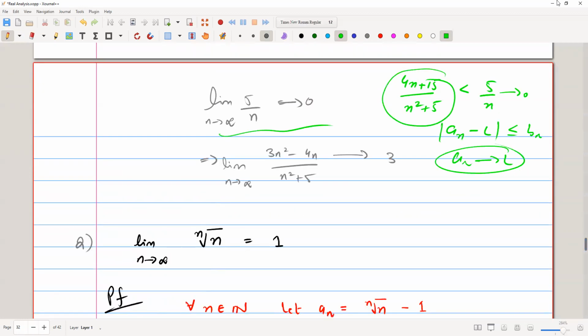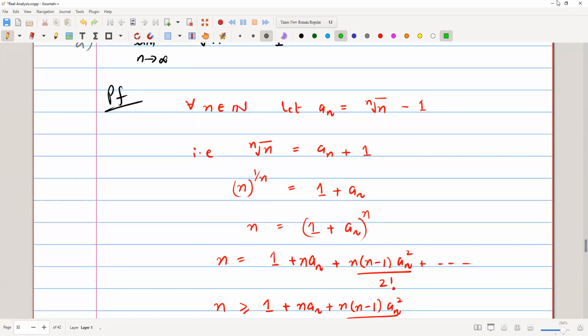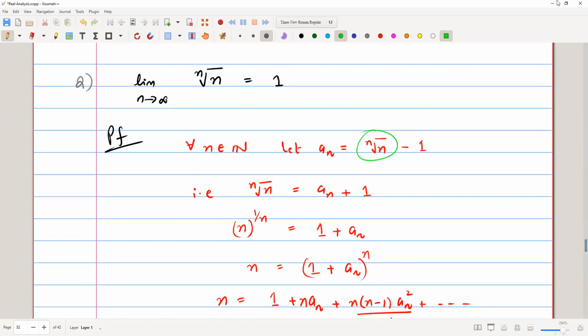So now it's fine that this is converging to the limit, so it's proved, right? And this problem we already discussed in the previous video lecture, that this sequence, the nth root of the number n, is converging to 1.